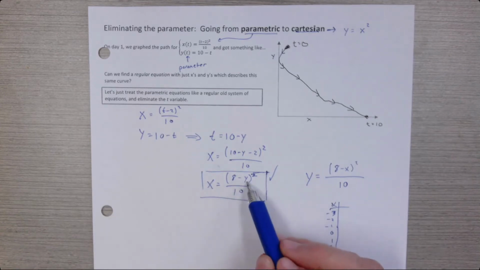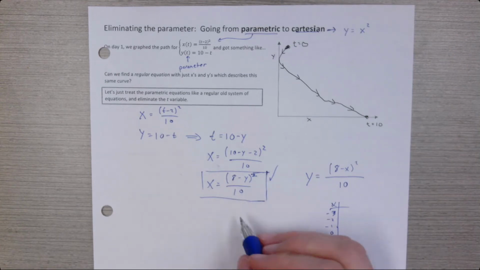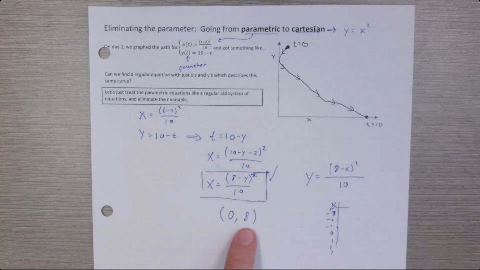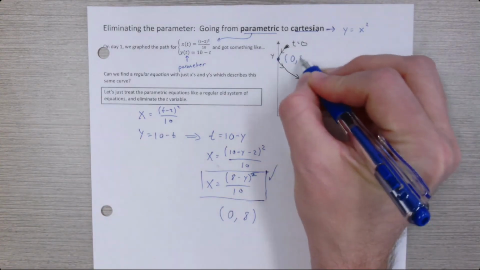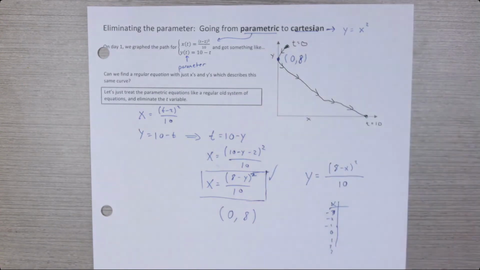I'd get 8 minus 8 is 0. 0 divided by 10 is 0. So what that tells me is that x is 0 when y equals 8. But instead of plugging in x and solving for y, I plugged in the y value and solved for x. But it still describes this point right here, (0, 8). So we're still describing points on the curve.